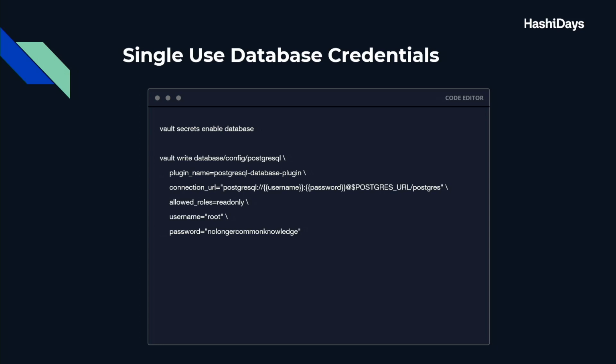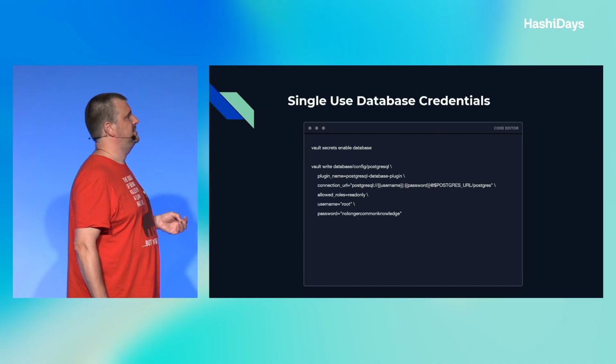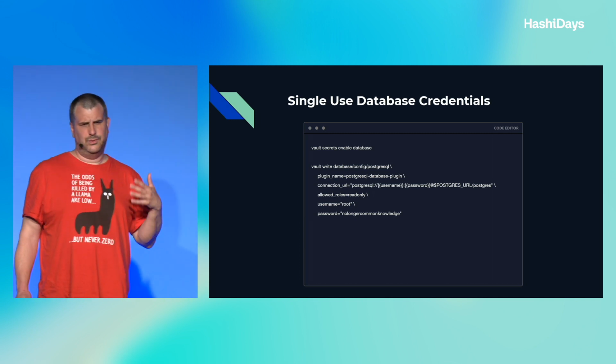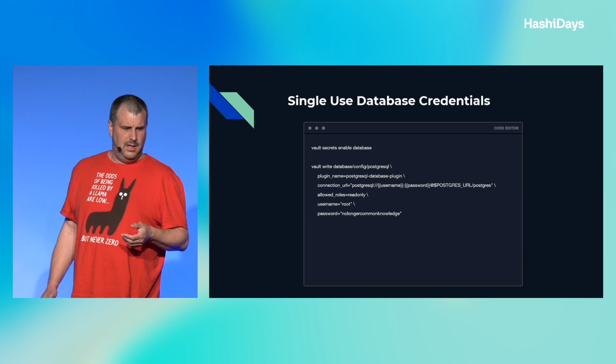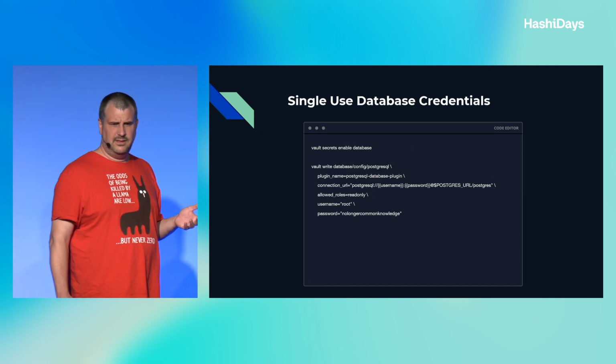Luckily, Vault provides one of these engines where you can do just-in-time or short-lived dynamic credentials. In this case, we enable the database engine, and we tell it how to connect to our Postgres server. And this would be the only place where the secret now is residing.